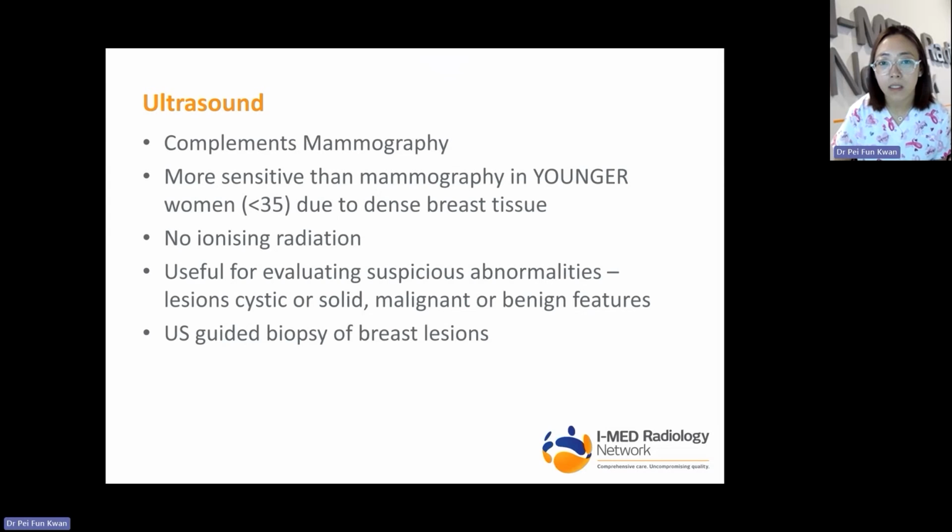Does it have malignant features, or does it have benign features? It is very helpful. If we see a lesion that looks suspicious on mammogram, then we want to find it on ultrasound so that we could take samples using ultrasound guidance. And mammograms do not cover the axilla very well. So ultrasound is often used for assessment of lymph nodes.